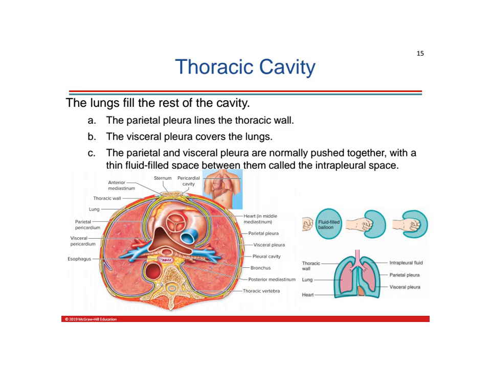So it's one continuous membrane, although it forms this double layered sac because of the way the lungs reside within this cavity within the pleura. Normally the parietal and visceral pleura are pushed together and there's just a very thin fluid-filled space between them called the intrapleural space.